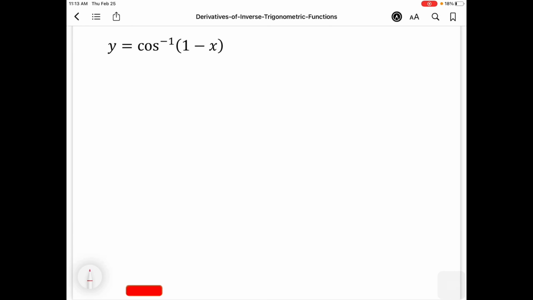The next is y is equal to cosine to the negative 1 or arc cosine of the quantity 1 minus x. So magkakaroon tayo dito ng let u is equal to 1 minus x, then du over dx is equal to negative 1. Then since ang given natin is arc cosine, arc cosine u is equal to negative 1 over the square root of 1 minus u squared times du over dx.